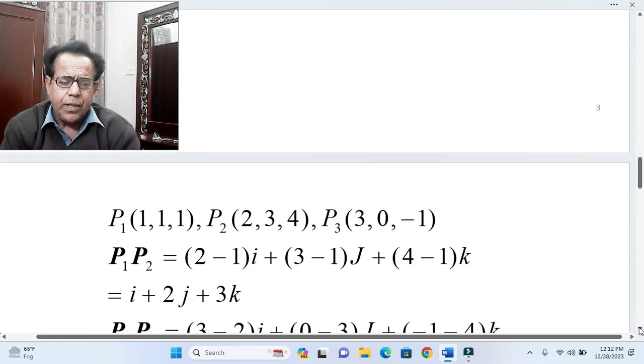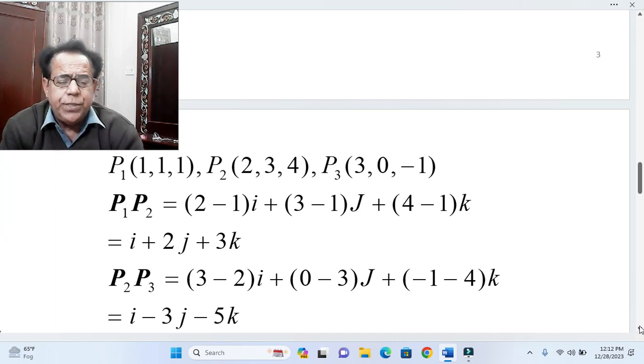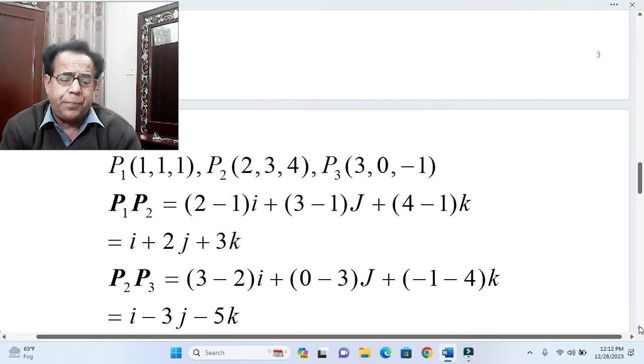Now P1 is given as (1, 1, 1), P2 is given as (2, 3, 4), and P3 is given as (3, 0, -1). First we find P1P2 and then we find P2P3. Vector P1P2 will become (2 minus 1) i, similarly (3 minus 1) j plus (4 minus 1) k.